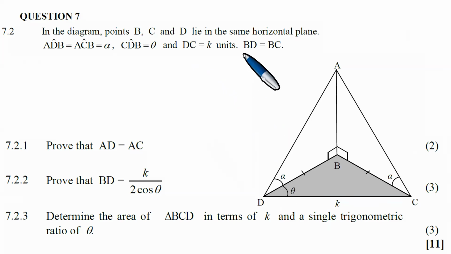Okay, you got 7.2. What did you do, Lesedi? Obviously in 7.2.1, you need to prove that AD is equal to AC.